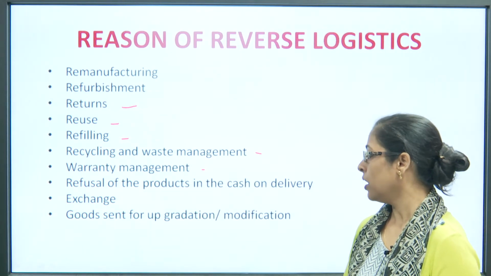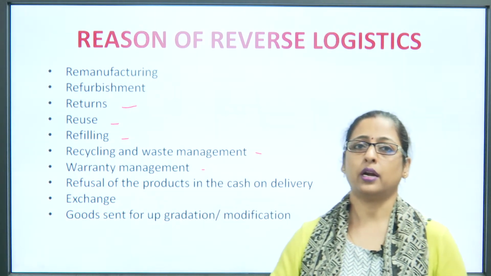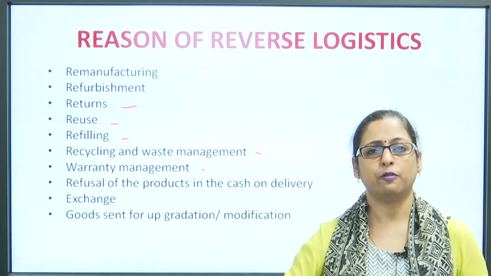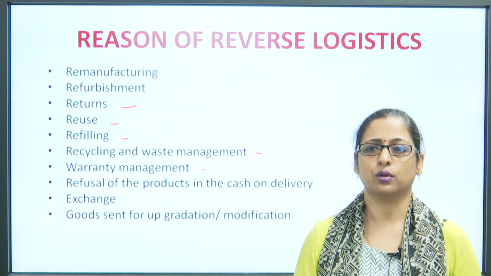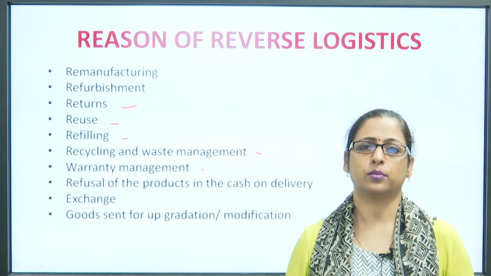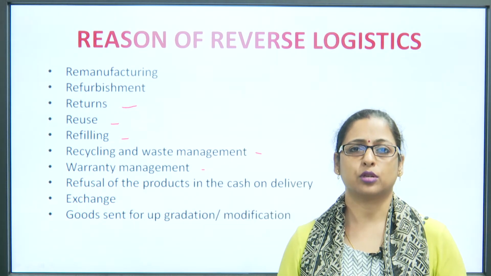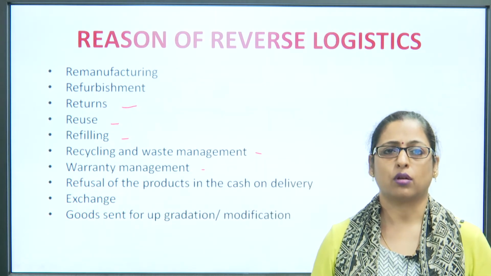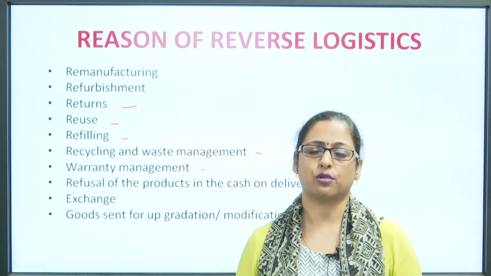And goods sent for upgradation and modification. There are various types of products in which certain modification and upgradation is required. For example, laptops, if some upgradation in technology or software is required.